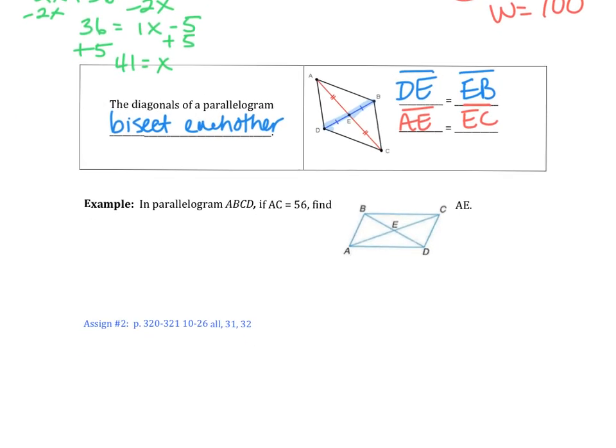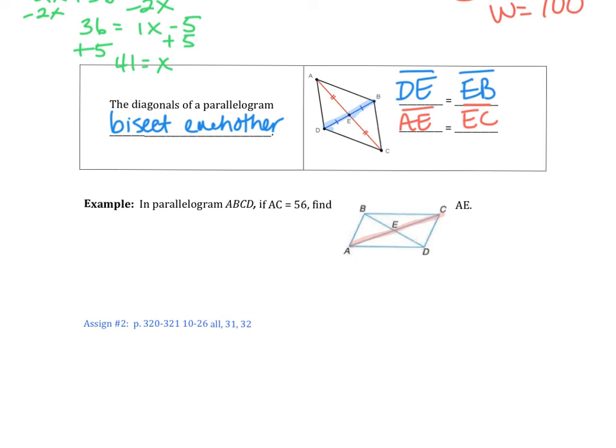Last example here, in parallelogram ABCD, if AC is 56, find AE. So I've got AC, which is that whole diagonal, is 56, and we've got diagonals bisecting each other.